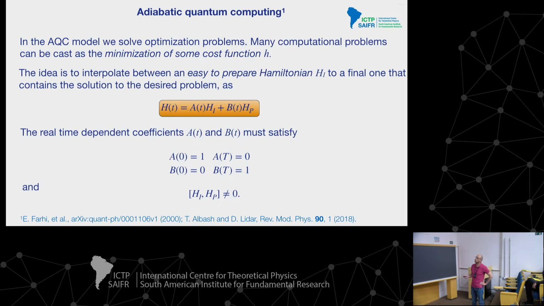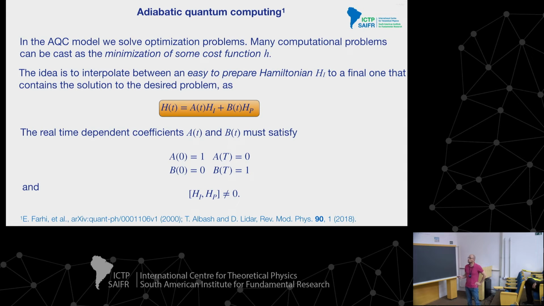So A of 0 is equal to 1 and B of 0 is equal to 0. And at the end of the computation, the coefficient A of t is null, and the coefficient B of t is 1. So at the end, we have just this Hamiltonian. At the beginning, you have just this Hamiltonian, and at the end, we have just the final Hamiltonian, H_P.